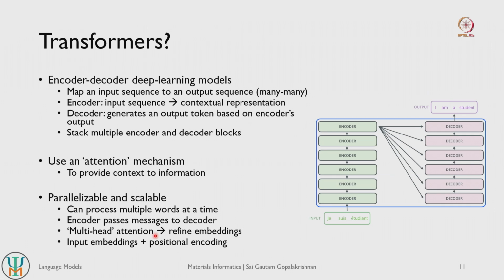So it tries to create all of these multiple associations within the words that it actually comes across in a sentence or in a paragraph. And these transformers also take into account the words themselves and also their position in a given sentence. So these are actually treated separately.